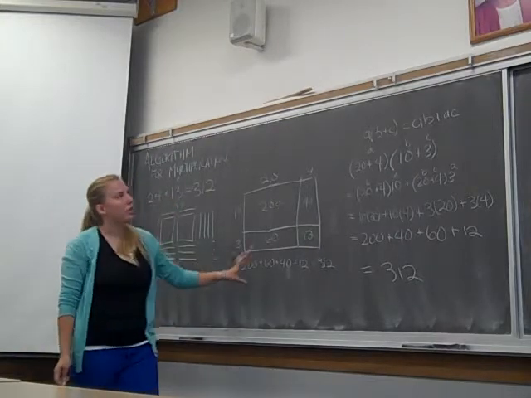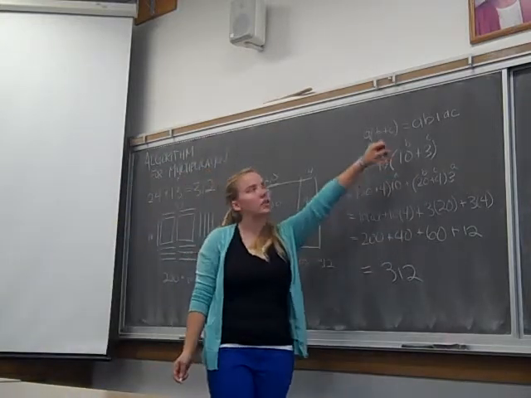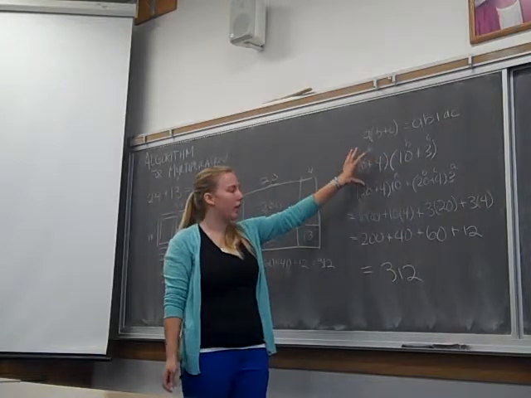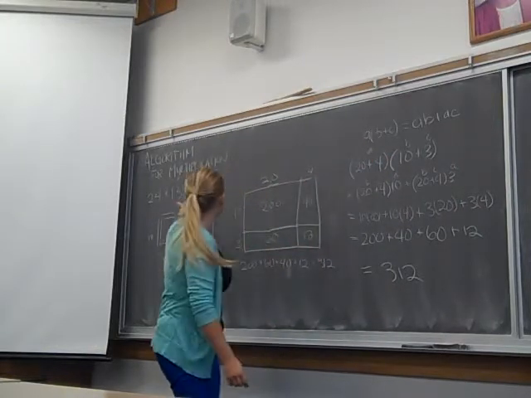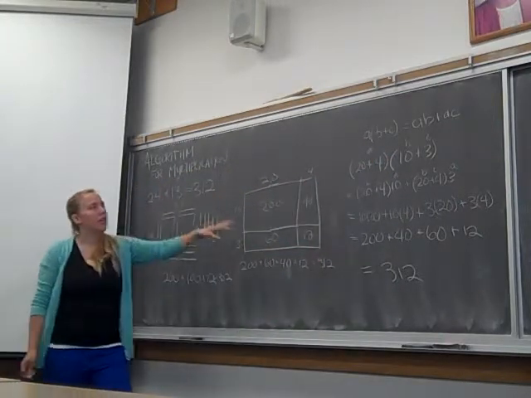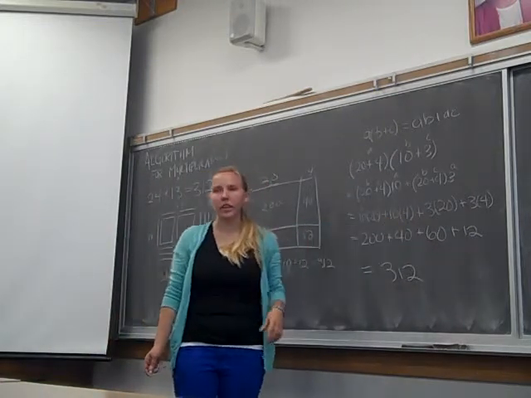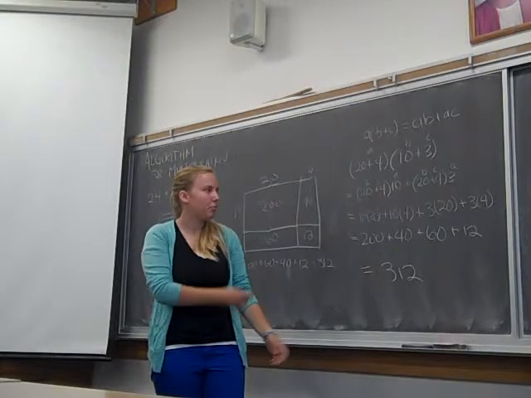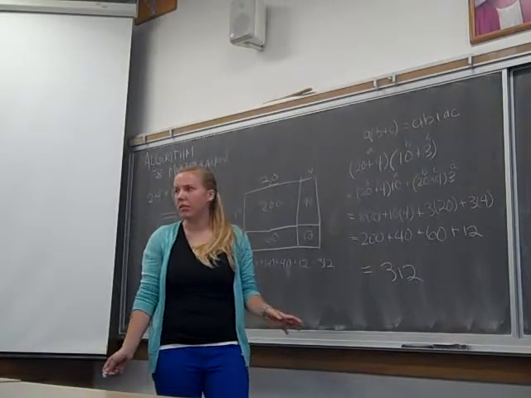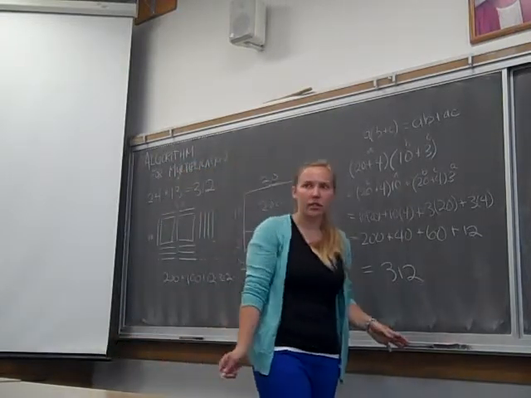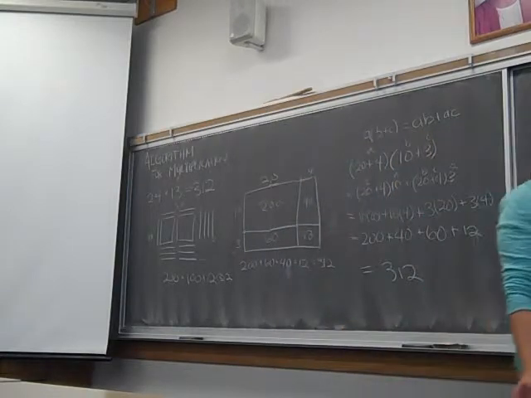Good. So we can use this distributive property to break down this problem, which is kind of ugly, 24 times 13, into stuff we know how to do. 10 times 20, 10 times 4, a lot easier multiplication. Everyone okay up to here? That makes sense? Okay, awesome.